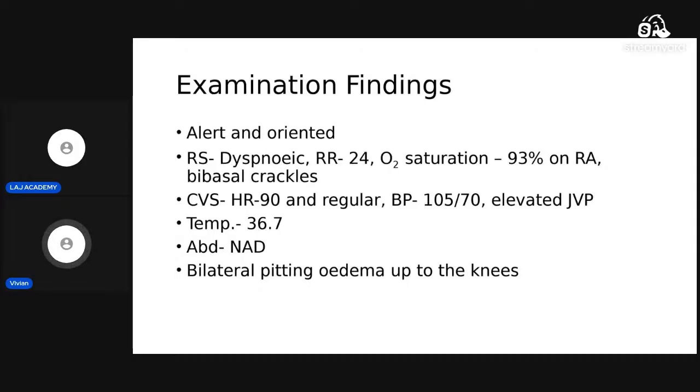In the cardiovascular system, she has a heart rate of 90 and regular. Blood pressure a little low, 105 over 70. She had an elevated JVP, about 6 cm elevated. Her temperature is normal, no abdominal findings, but she also has bilateral pitting edema up to the knee.